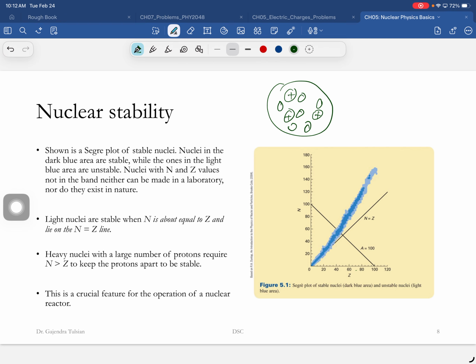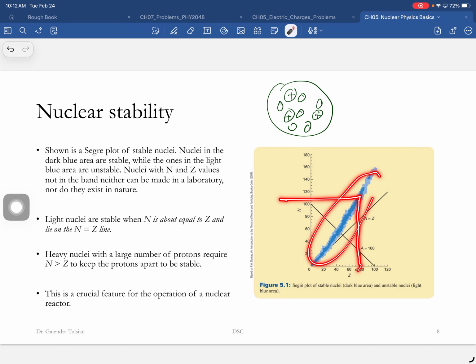So as the nuclei get heavier, you need more neutrons. That's what this graph is showing you. This is a Segrè plot of stable nuclei. Nuclei in the dark blue area are stable, while the ones in the light blue are unstable and will radioactively decay.